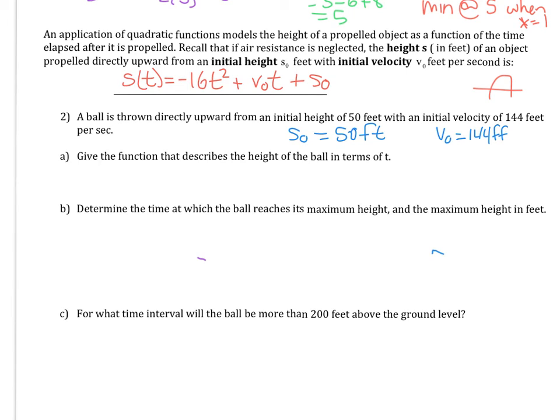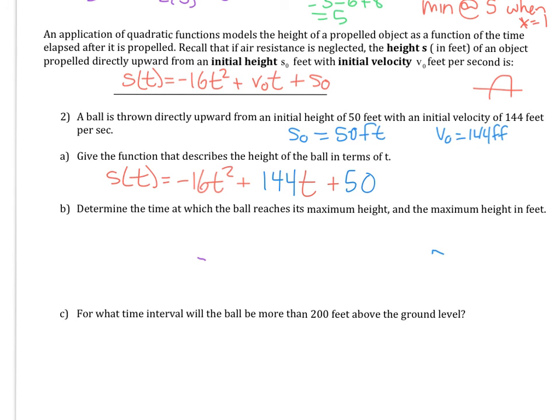So the first thing they want us to do, part A, give the function that describes the height of the ball in terms of t. So we're just going to plug this into the formula that we wrote right up here. S of t equals negative 16t squared plus my initial velocity, 144, times the time, plus my initial position, which was 50 feet.